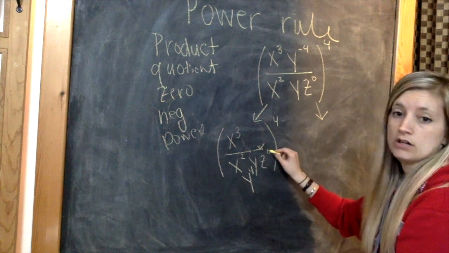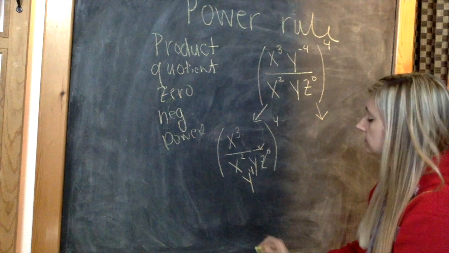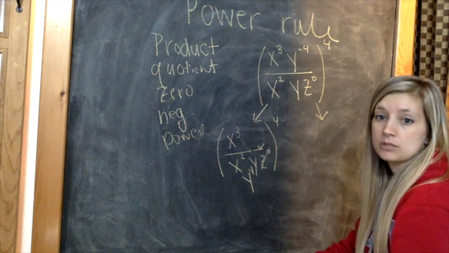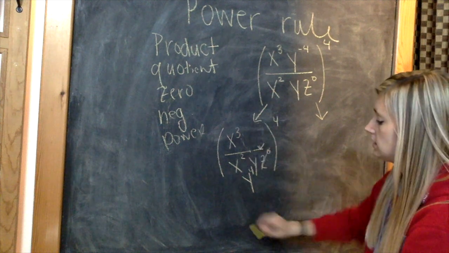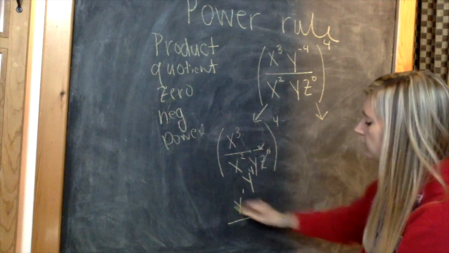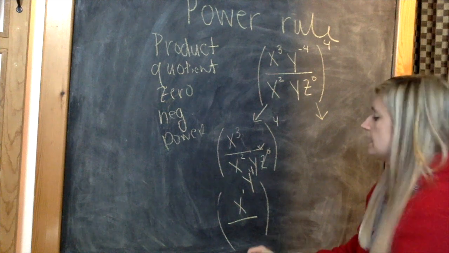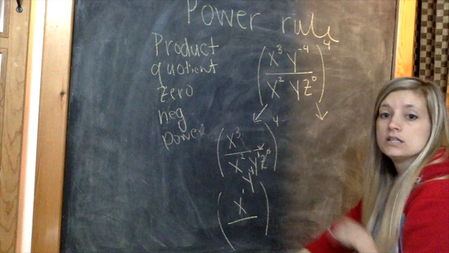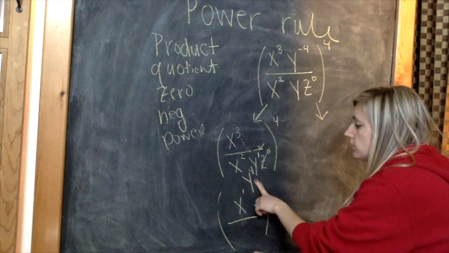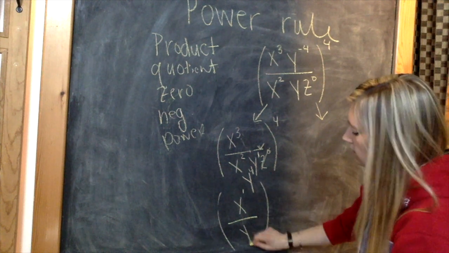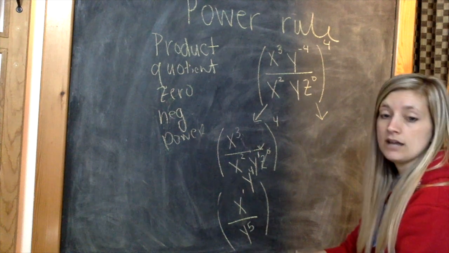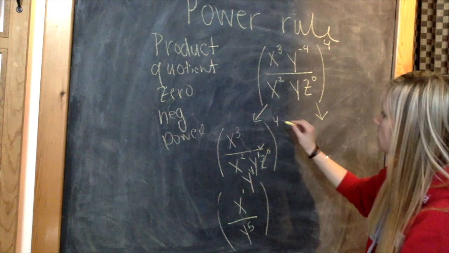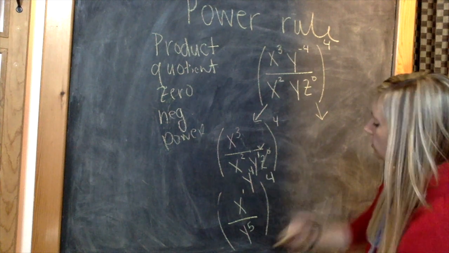I have z to the 0, so I can cross that out. I don't need it. So now I have some x's on top, some on the bottom. So I'm going to bring in that quotient rule. So 3 minus 2. So I'm going to have x to the 1st on top. Okay, and then I have y to the 4th and a y. So let's add in that 1 if you need it. So now we're using the product rule. So y to the 4th and y to the 1st is y to the 5th. So now my inside is nice and neat. I have 2 terms, that's it. And so now I have raised to the 4th.